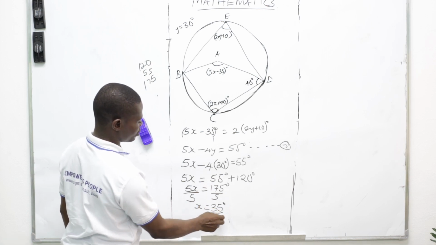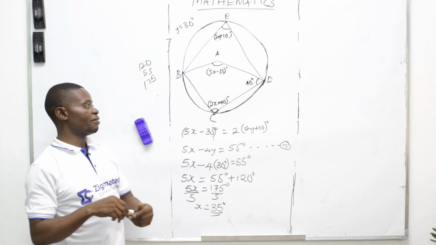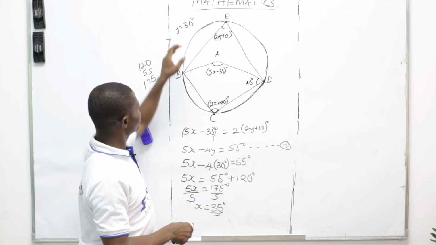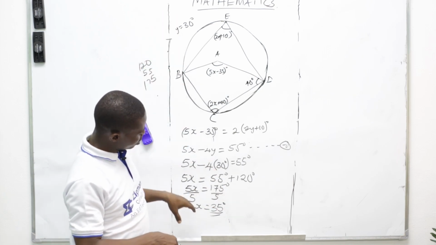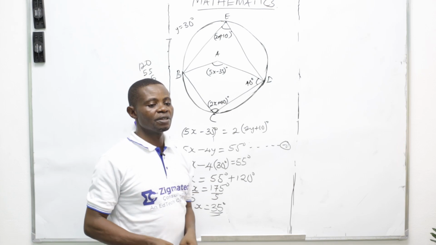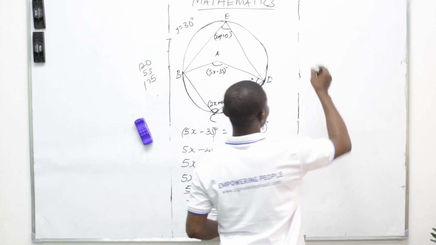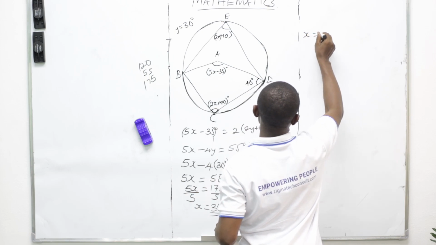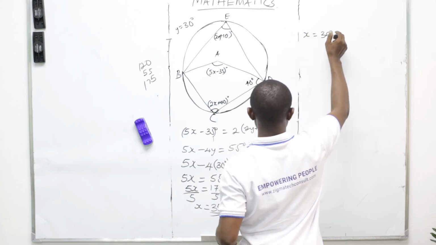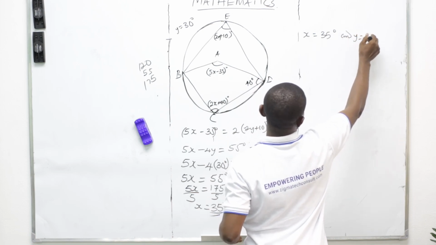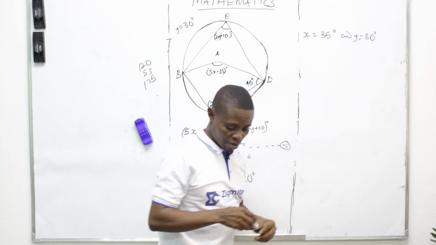That is, x is 35 degrees. Good. Now y is 30 degrees and x is 35 degrees. It means the values of x and y are x equals 35 degrees and y equals 30 degrees.